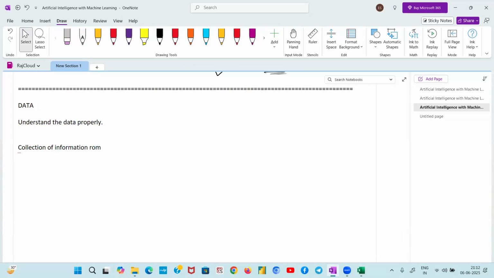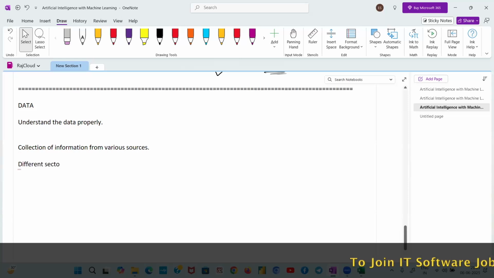It's a collection of information from various sources. So where do we get such data? What are the different sectors where we can find data?